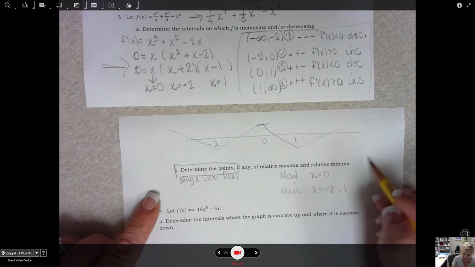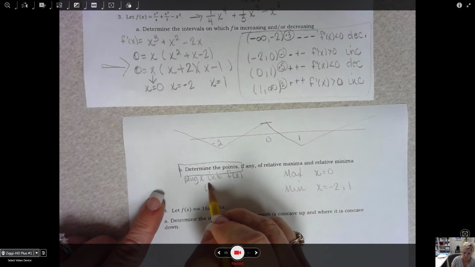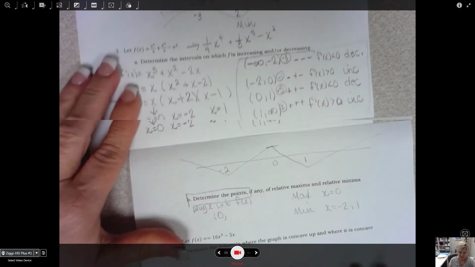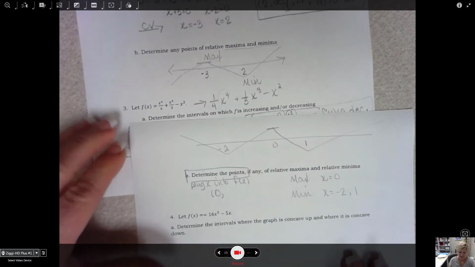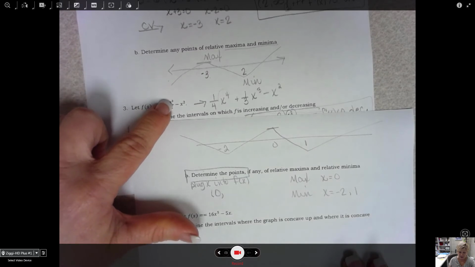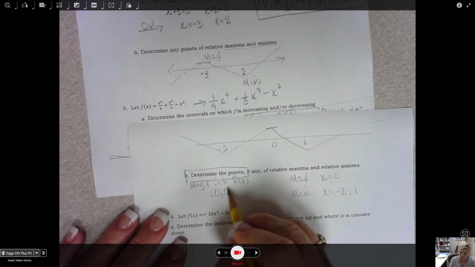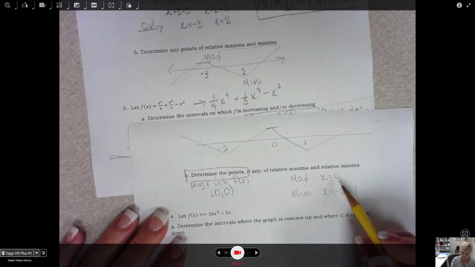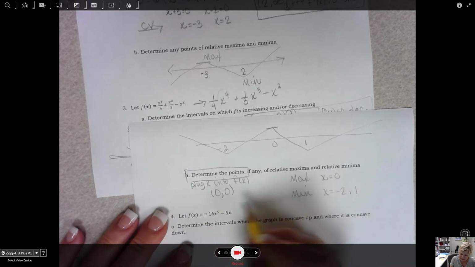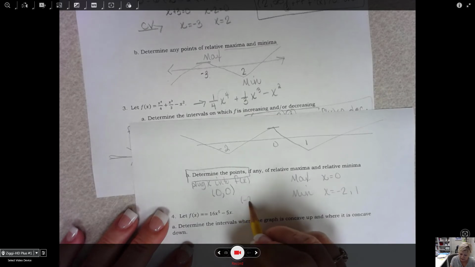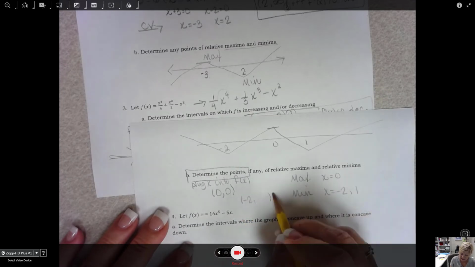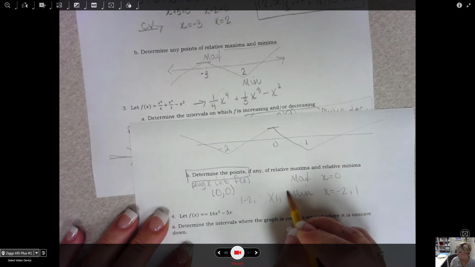So when x is 0, let's plug it into f of x. You have 0 plus 0 minus 0. So at 0, 0, it looks like we have a max. The mins would be when x is negative 2 and when x is 1.